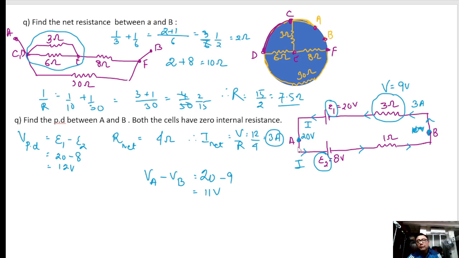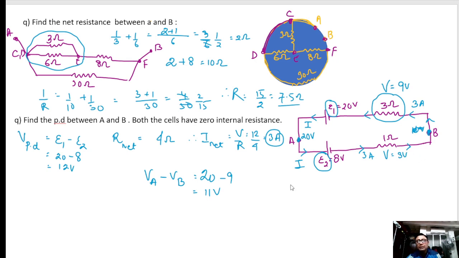If I would have come from the down part, current is entering into the battery. So potential drop here will be how much? 1 into 3, current is 3 ampere. So voltage drop here will be how much? 3 volt.